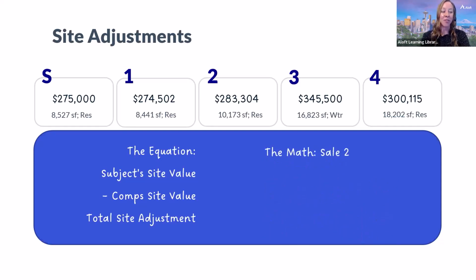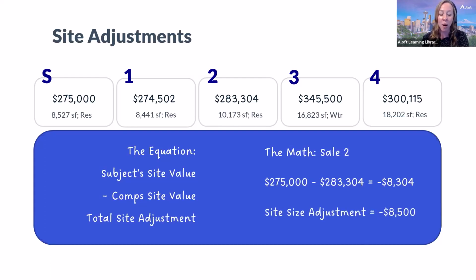And then the math for sale 2, we're kind of in the same boat where we're going to take that 275,000, what we believe the subject site to be worth, minus the 283,000, and we get about 8,300. So yes, we're probably going to adjust that property down about 8,500 rounded.